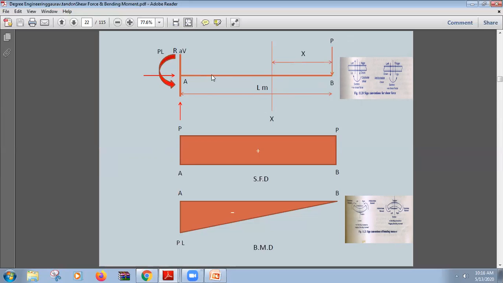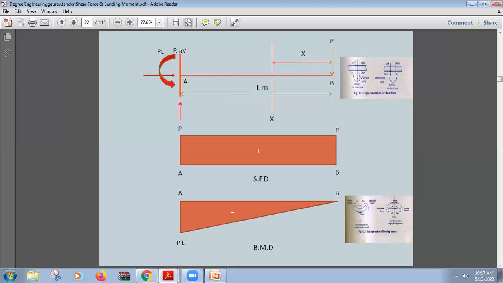So if we take any section on this beam, say we have taken this section, we will see that on the left of the section there is only one force, that is R, the reaction, acting vertically upwards.